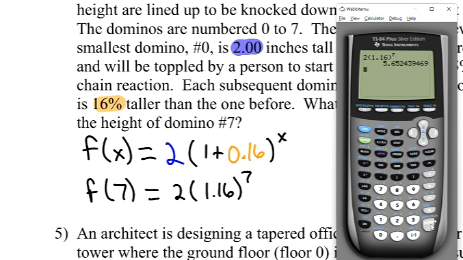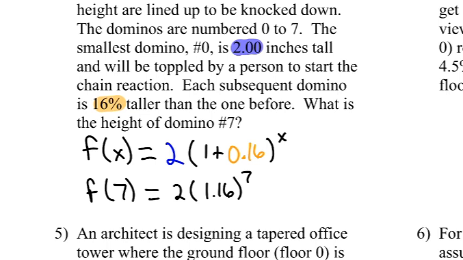And that will give us about 5.65, and that's an estimate, showing that it's an estimate, not an exact answer, 5.65 inches. And that is how we do that one.